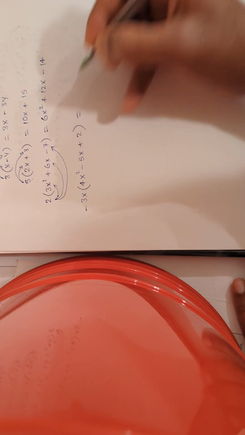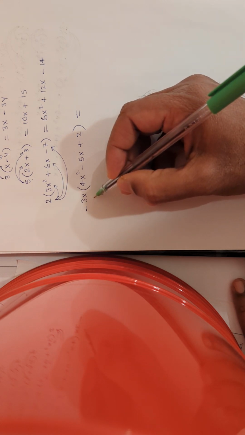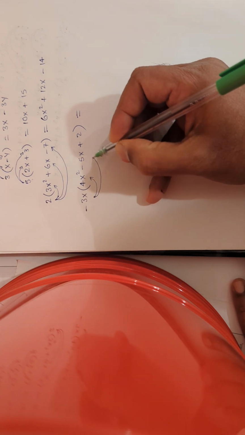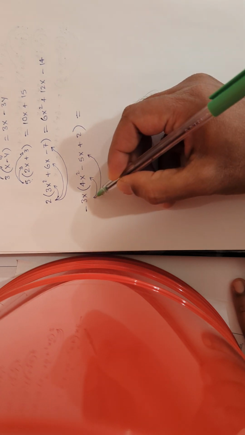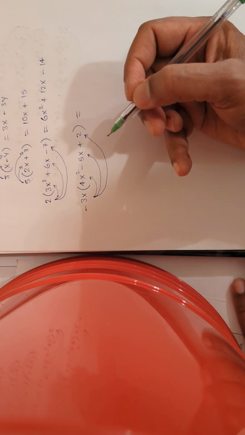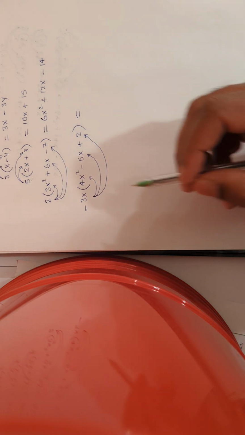All right, so now we have to multiply the quantity negative 3x with the 3 quantities. So this time we want to remember negative times negative is positive and negative times positive is negative.